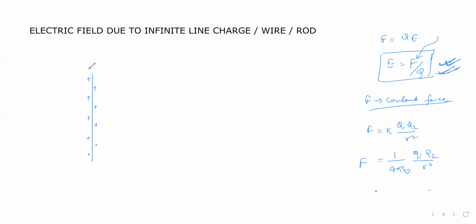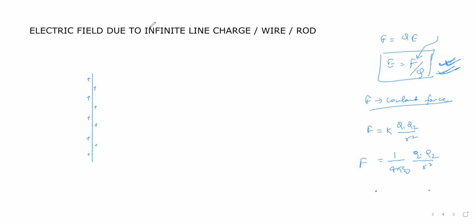In Gauss law, there is no criterion; it doesn't matter what the size and shape of the body is. Whatever the configuration, shape or size of the body, Gauss law can calculate the electric field for nearly all types of bodies. Are you clear? So we are going to calculate it.